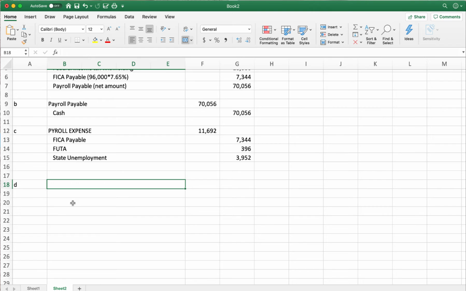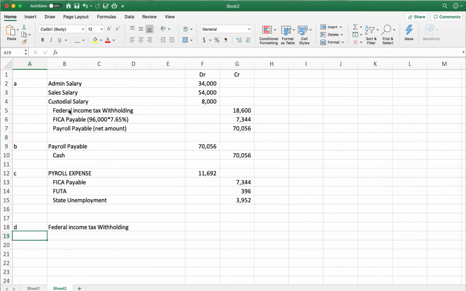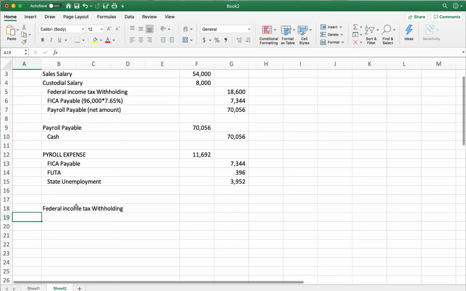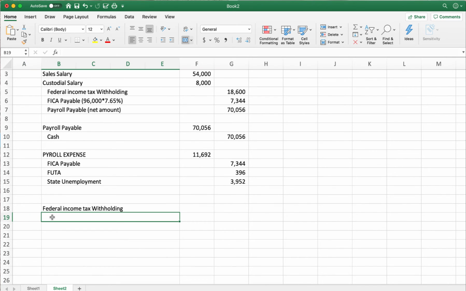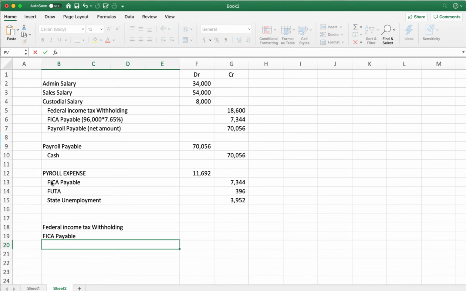Well, guess what? We're getting rid of all of our withholdings. Okay? So what did we withhold first? Well, we withhold federal income tax from our employees. We had that payable. We have the FICA payable, right? Which is right there.